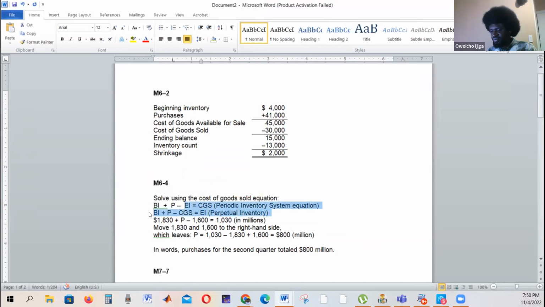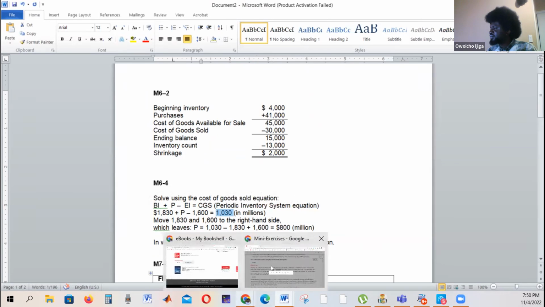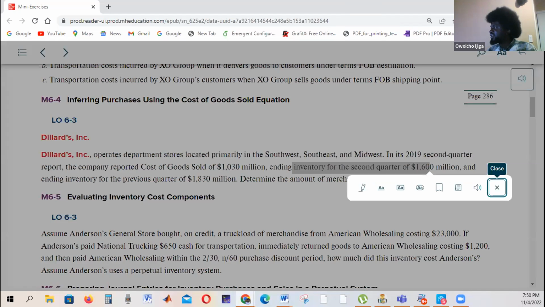Let me take away this for now to avoid confusion. This is the cost of goods sold. The question says it is 1030 million. That is 1 billion. Okay. And then ending inventory for the second quarter of 1600 million. That is 1.6 billion.